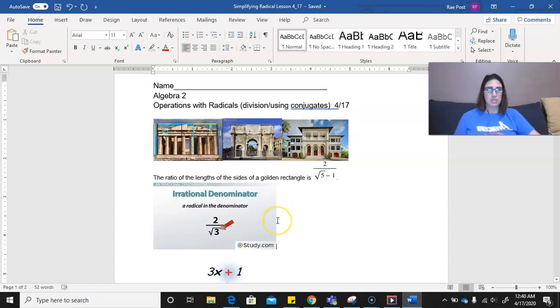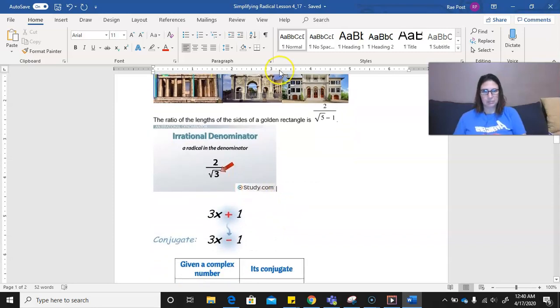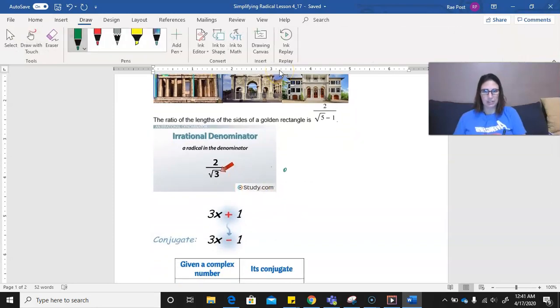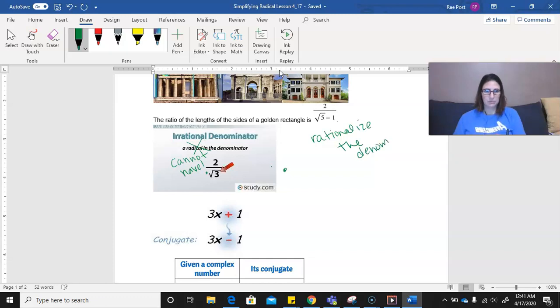We have to do the same thing here. The difference is, for example, if you look at this example right here, I'm going to write on here: you cannot have a radical in the denominator. So remember, you have to rationalize the denominator. This is not new. This is from Tuesday.